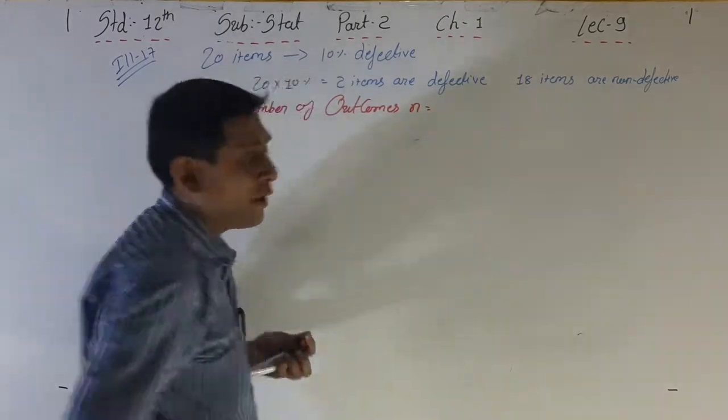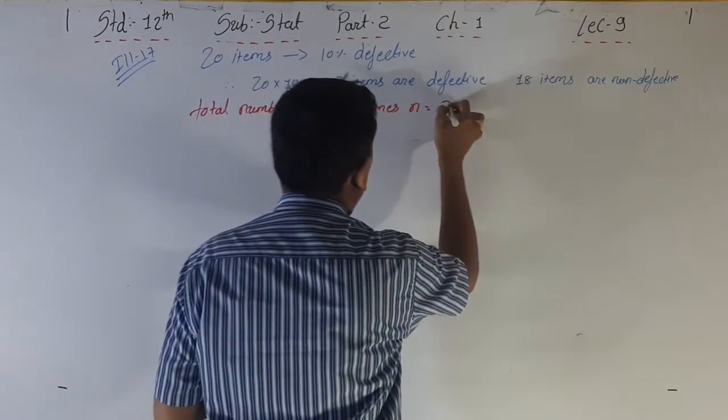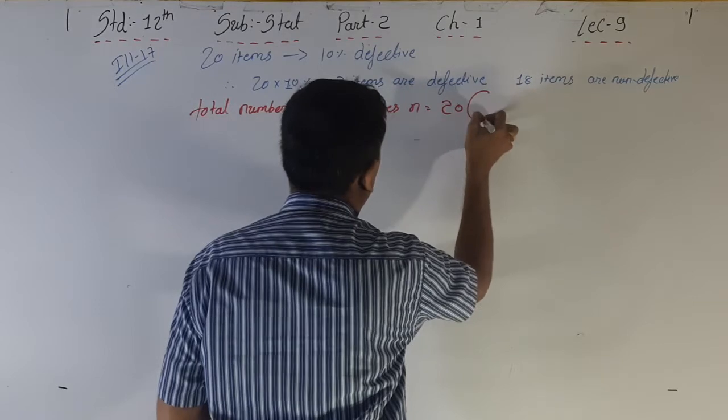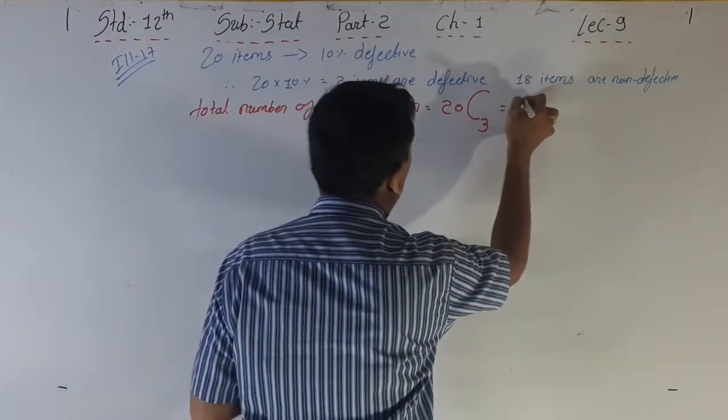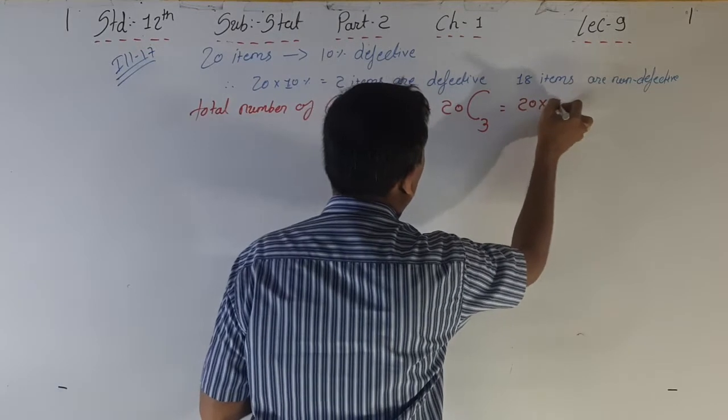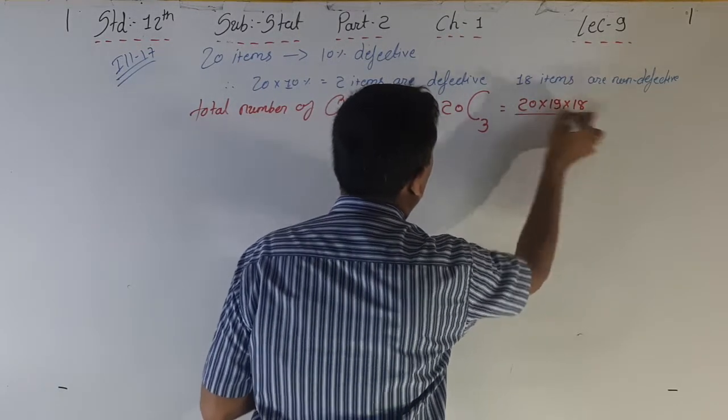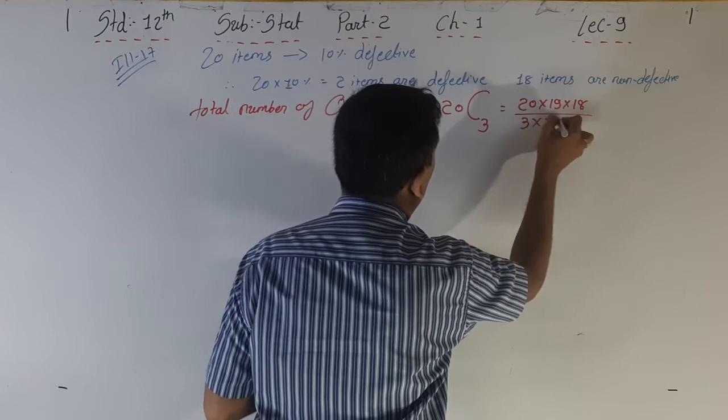N is equal to what? Total 20 items are there. From that we have to select 3 items. So what is the final answer? 20 into 19 into 18 divided by 3 into 2 into 1.